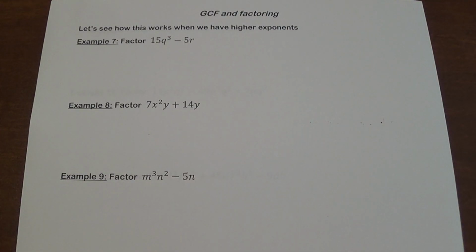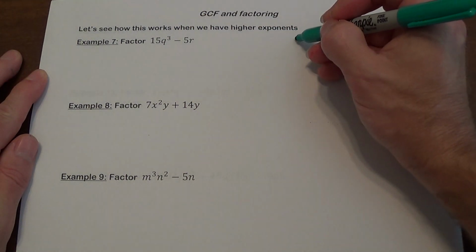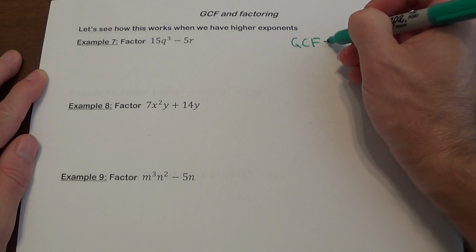Alright, now we're going to take a look at situations when you have higher exponents. So, 15q cubed minus 5r. Well, just because we have exponents that are higher does not necessarily mean anything. Again, we're going to start the same way. We're going to take a look at numbers first.